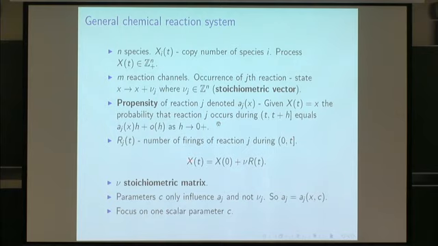And we have this equation that Tom Kurtz also wrote down, where nu is the stoichiometric matrix whose columns are nu j. So now we are interested in how parameters enter this model. Basically this model is specified once these nu j's and the functions a_j are specified.